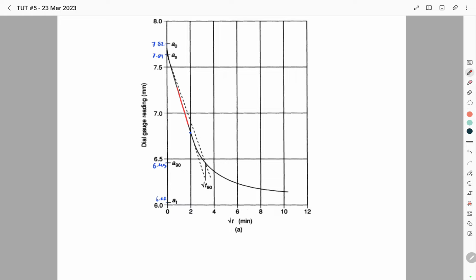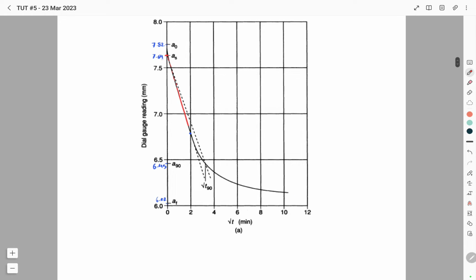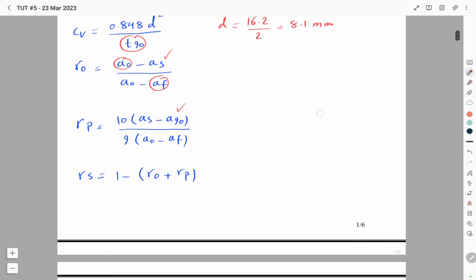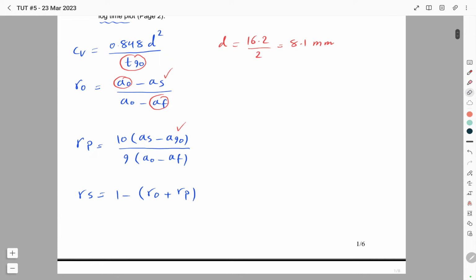So we have to extend this straight line until it cuts the vertical axis, and the intersection point, the value, which is 7.64, would be the value of AS. So we determined this AS to be 7.64.